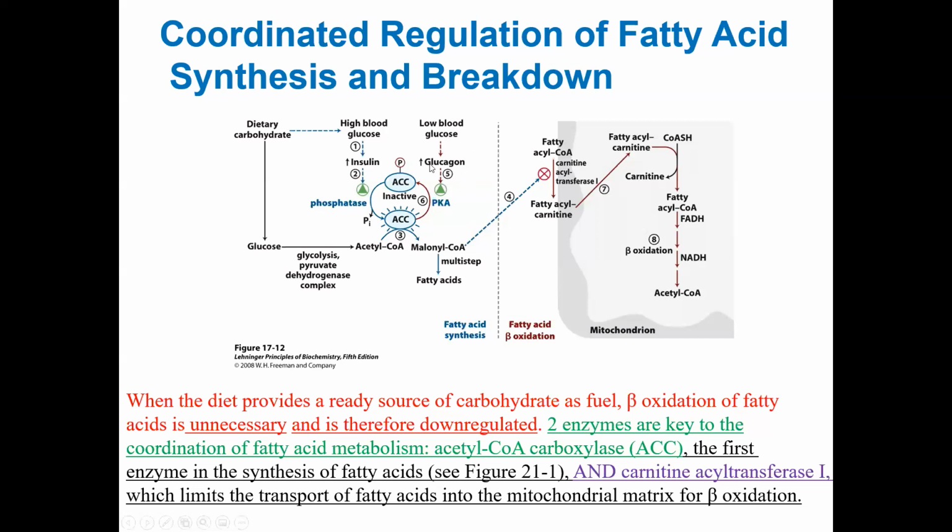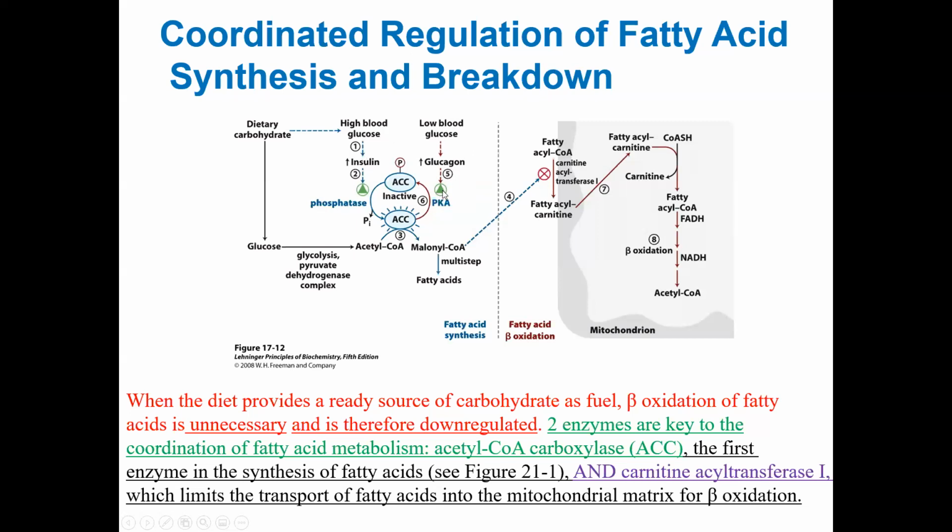Glucagon is the hormone that is released in response to low blood glucose level, the opposite of insulin. And when glucagon levels are up, it will activate cyclic AMP-dependent protein kinase A, PKA. If you recall, we have talked about that signaling a lot. So PKA activity will go up.